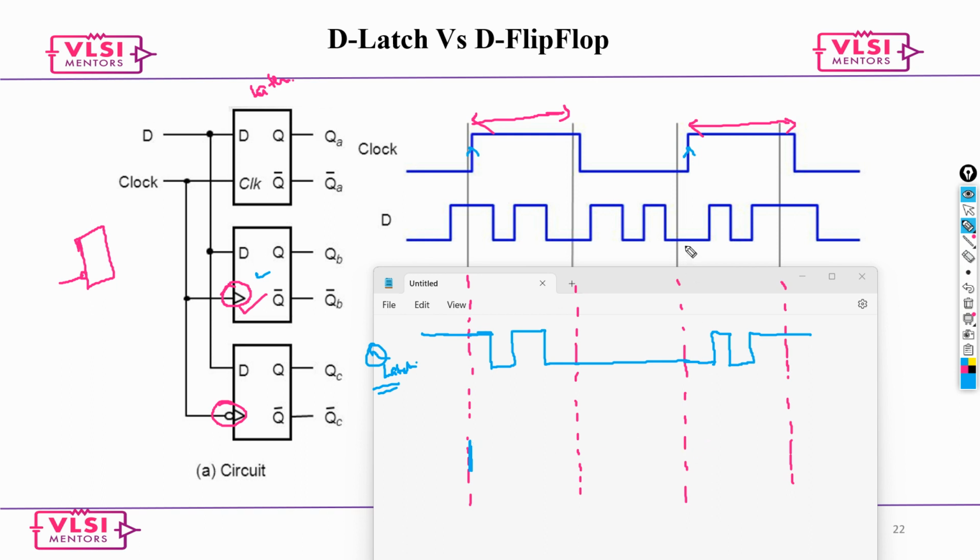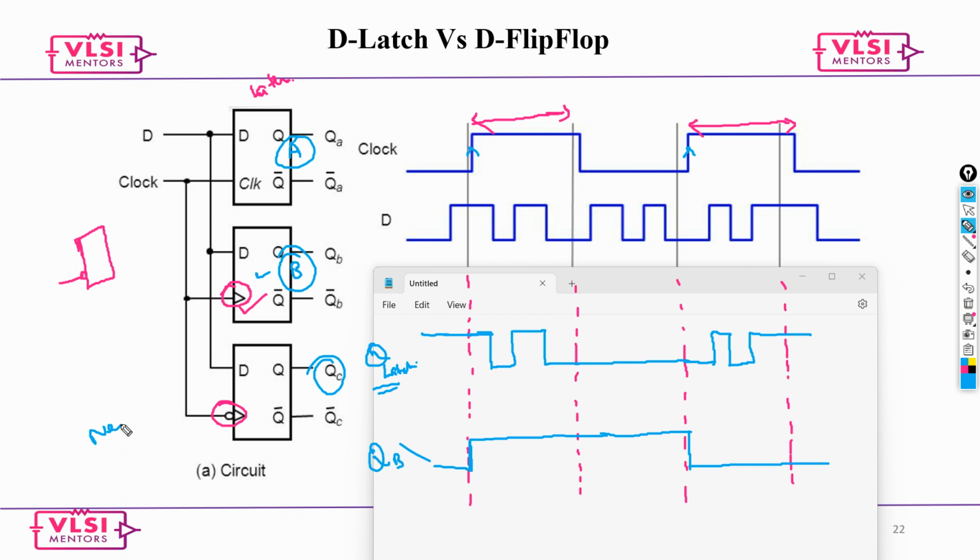Here it is 0, so it is going to go all the way till this particular point, and then it is going to go to 0 and continue. This is going to be QB, and this is QA. And what about the third one, QC?